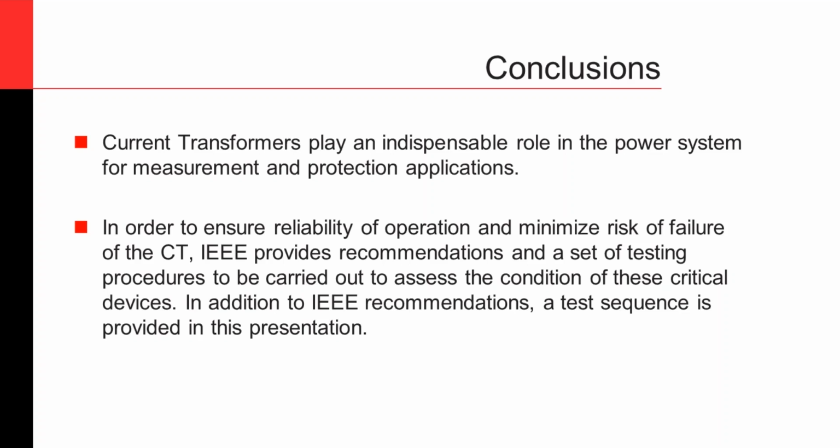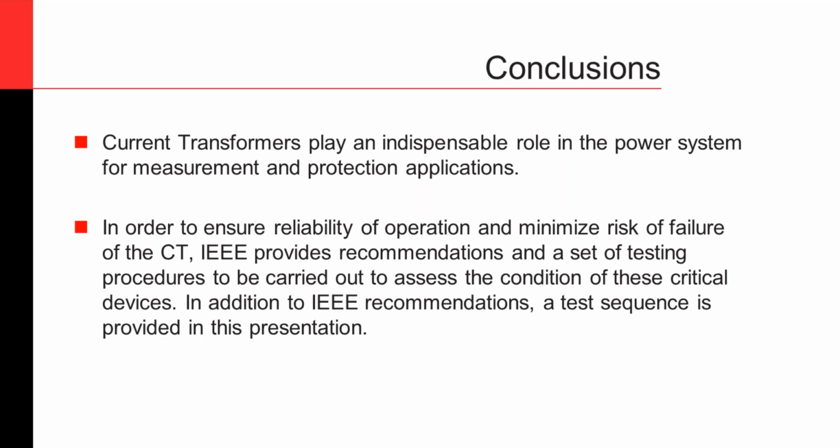One is a metering type, and another one is a protection type. Naturally your metering type CT is more accurate and your protection type is more withstandable in terms of saturation. Your metering type has a lesser saturation value. Your protection type has a higher saturation value.